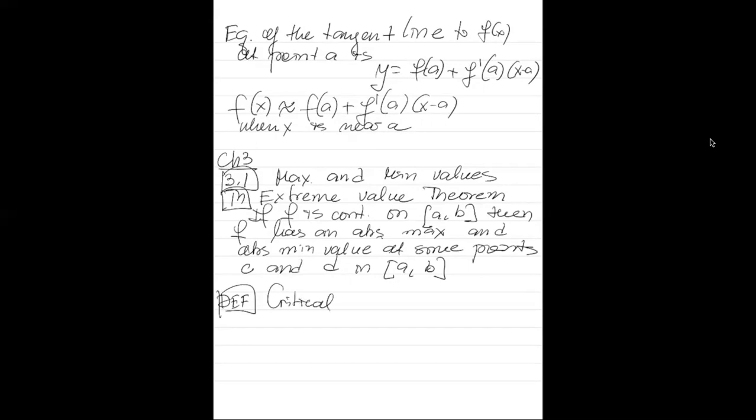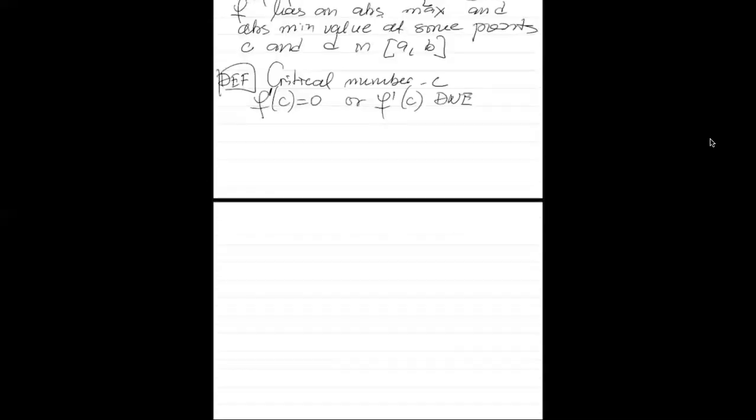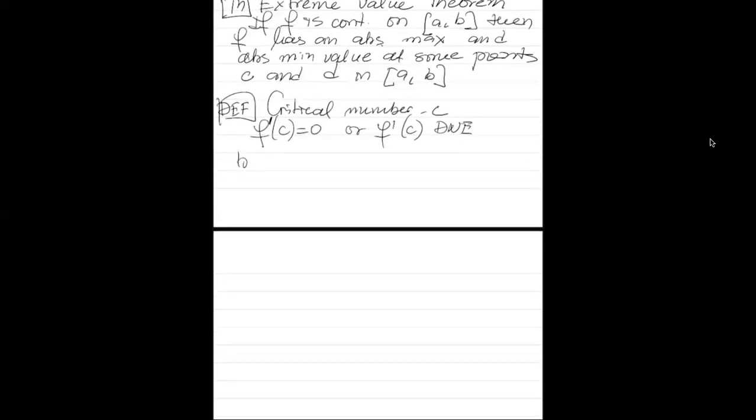Then we introduce an important number called critical number. We can have examples on those. Critical number, call it c. So c is a critical number if f prime of c is 0 or f prime of c does not exist. And then we had a method called closed interval method for finding absolute minimum and maximum.